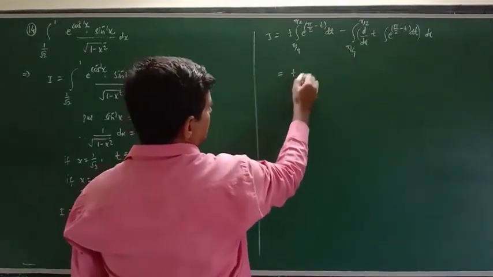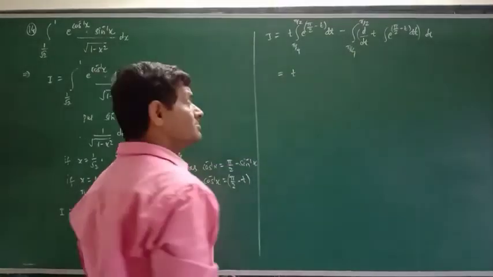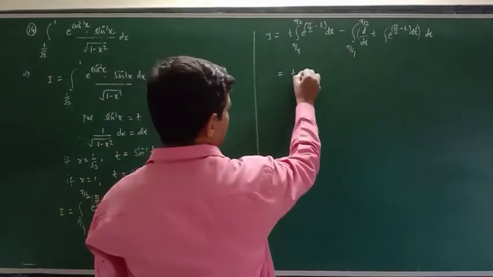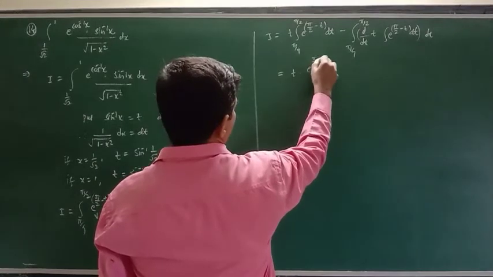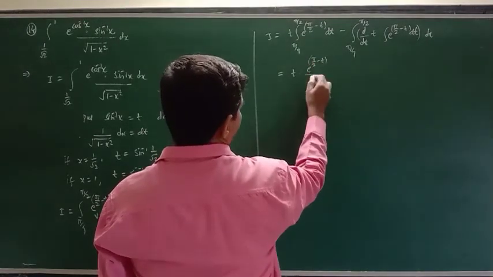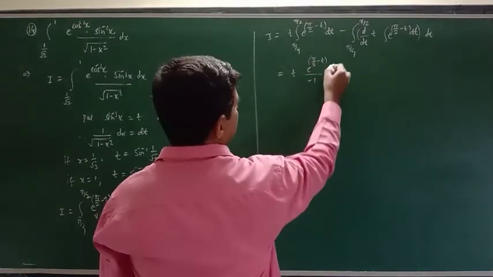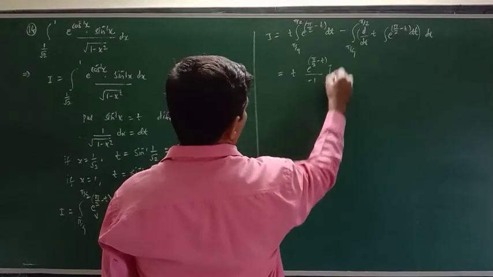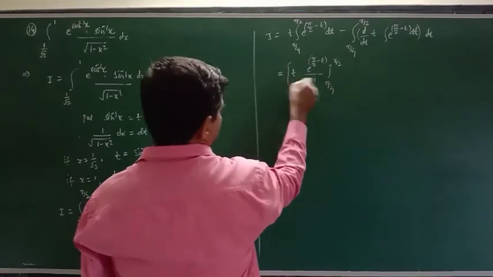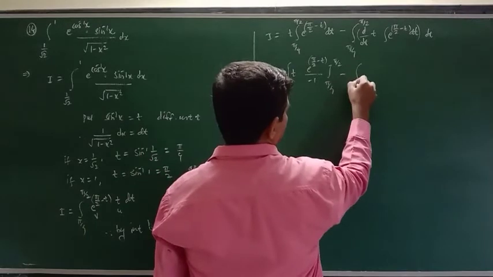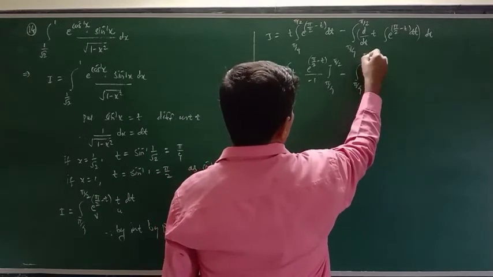So it is equal to t. What is the integration of e raised to pi by 2 minus t? E raised to pi by 2 minus t, and the coefficient of t, minus 1, is divided. So pi by 4 to pi by 2 limits for this, minus the integral from pi by 4 to pi by 2.